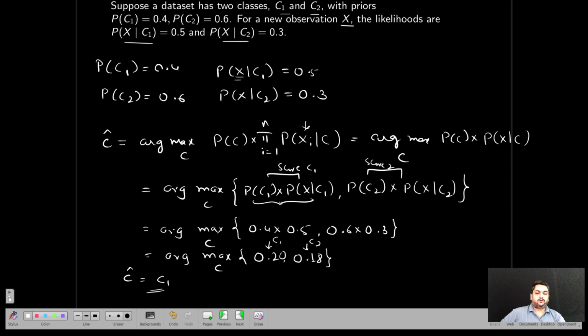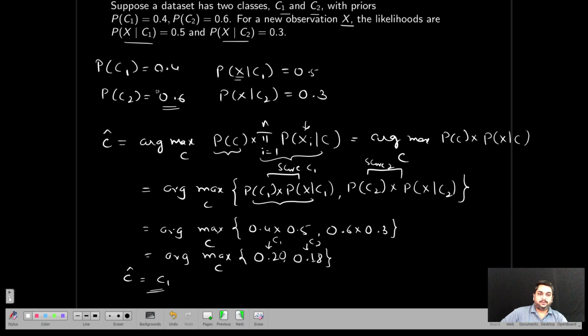Now, one more concept you observe here: the evidence matters. This is the prior probability. The prior probability for class 1 is 0.4 and for class 2 is 0.6, which is greater than the class 1 prior probability.